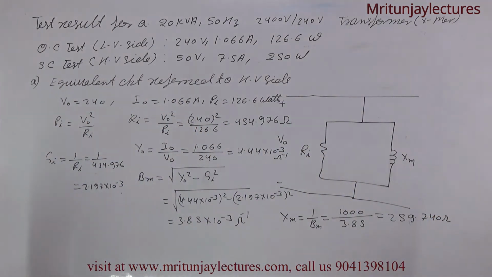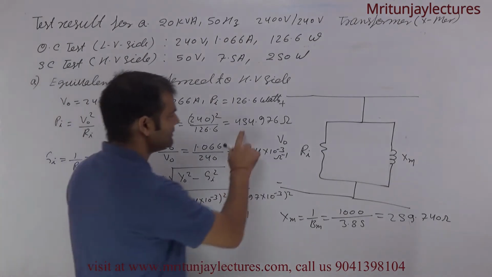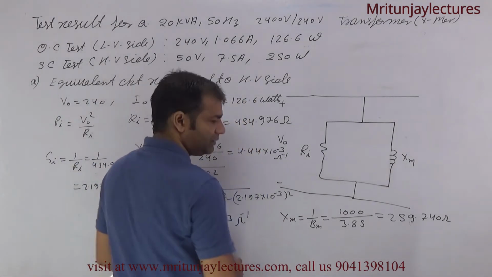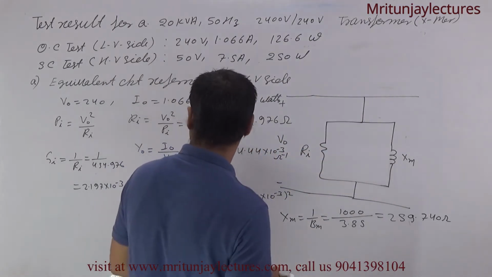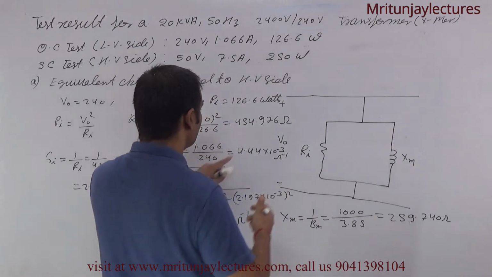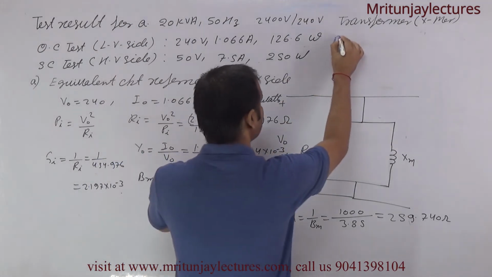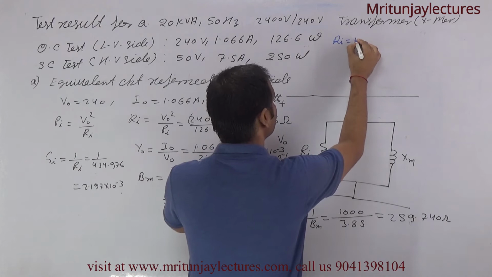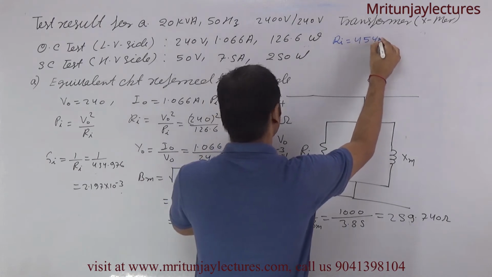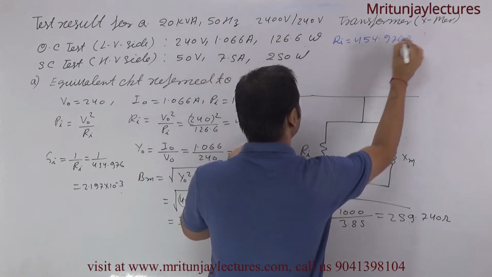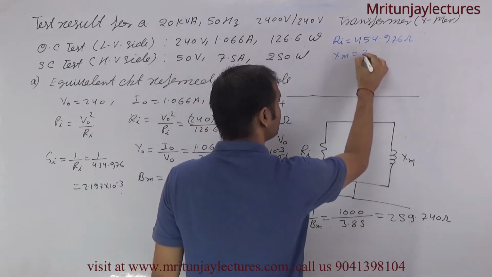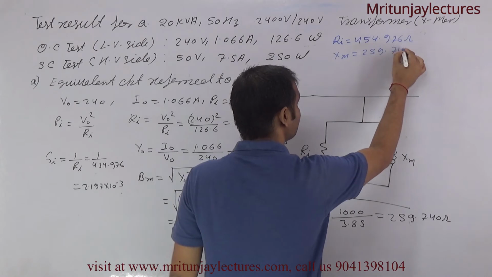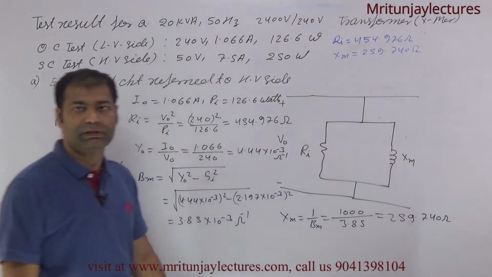So, with the help of the open circuit test, we got the core loss component RI, that is 454.976 ohm, and XM, that is 259.740 ohm. It is clear?